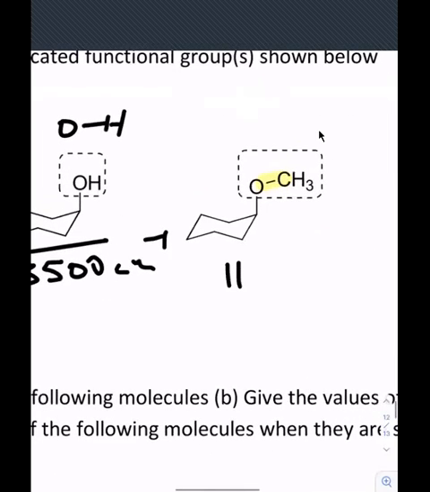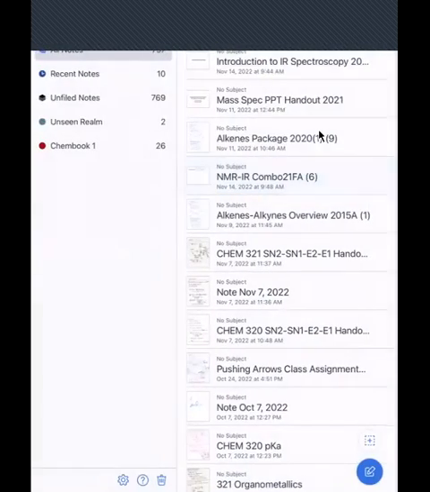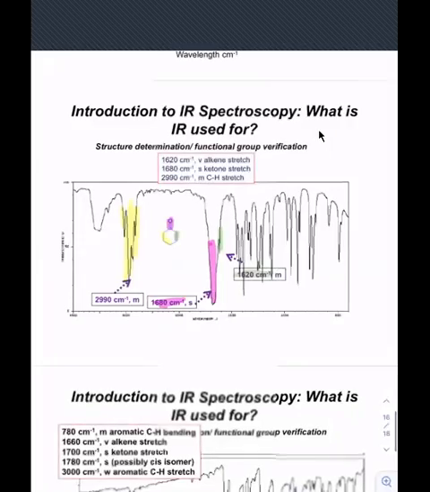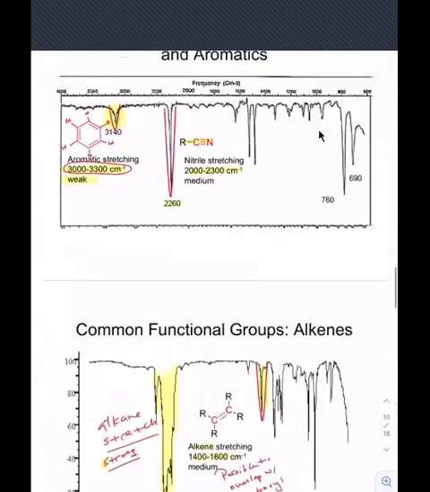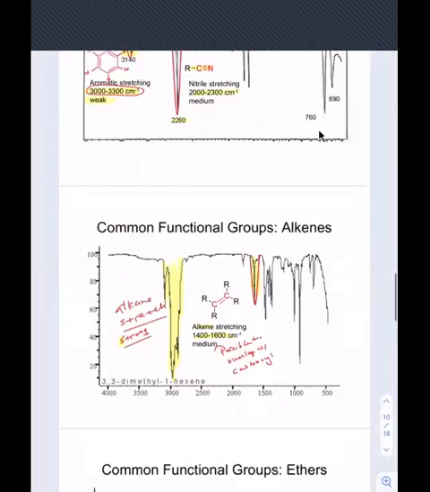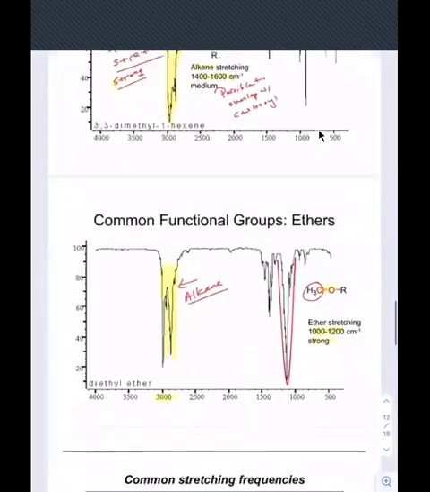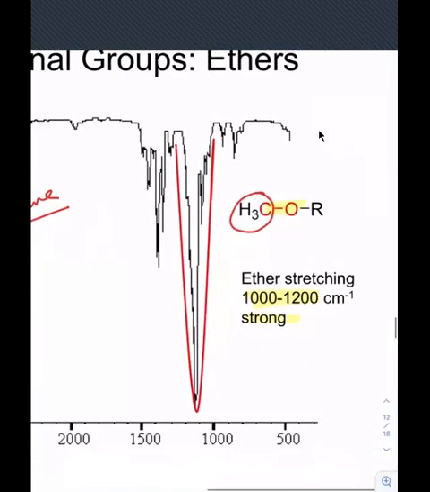I'm going to go back through those because we got a minute left. All right, let me go back to here. All right, so you see like right here, your CO sigma bond is here, 1000 to 1200.